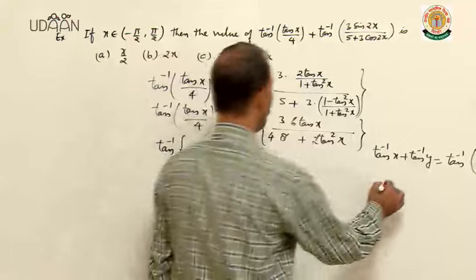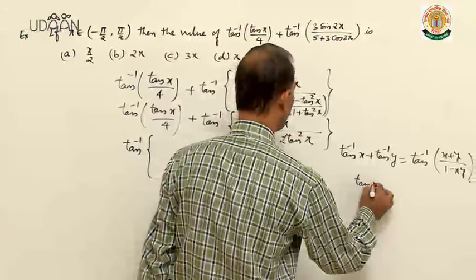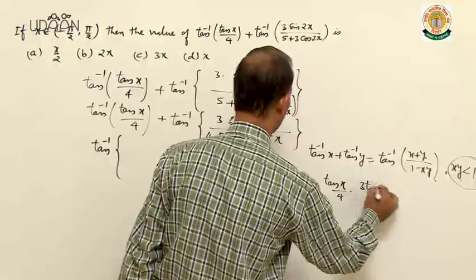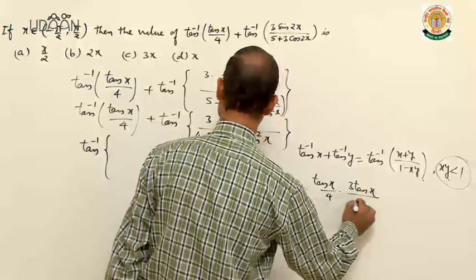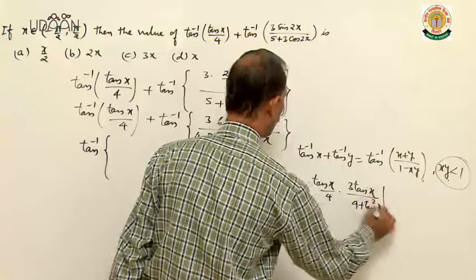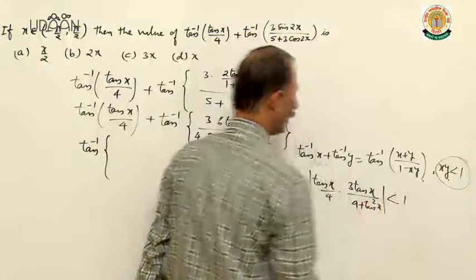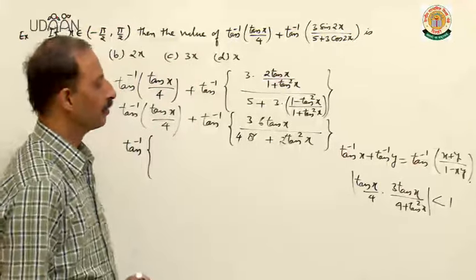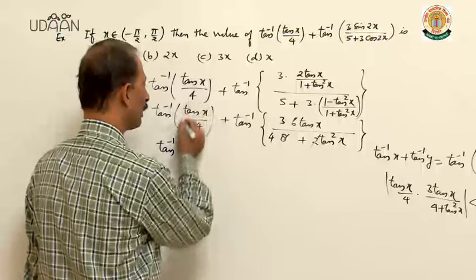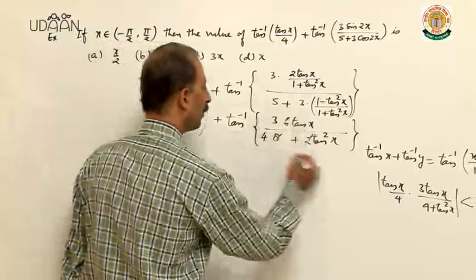Product of tan x by 4 and 3 tan x upon 4 plus tan square x. This value should remain less than 1. Yes, this is true. So we can use this identity here. So we have to write down, this is treated as x, this is y.